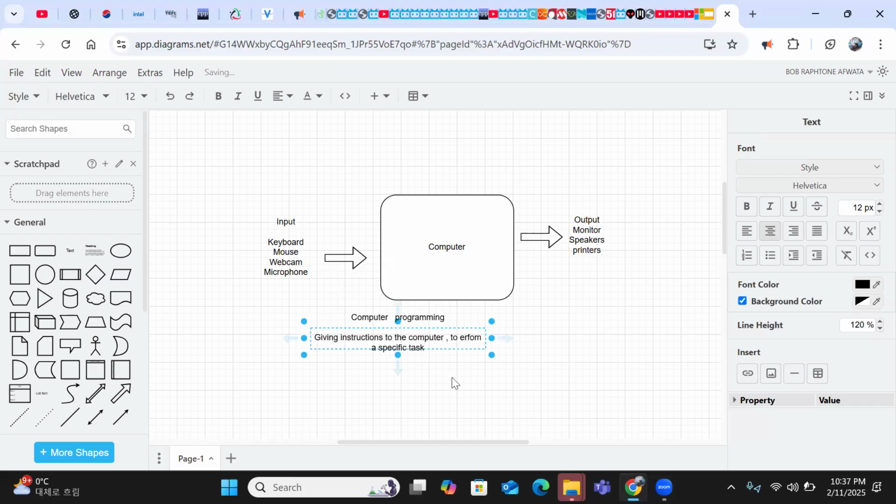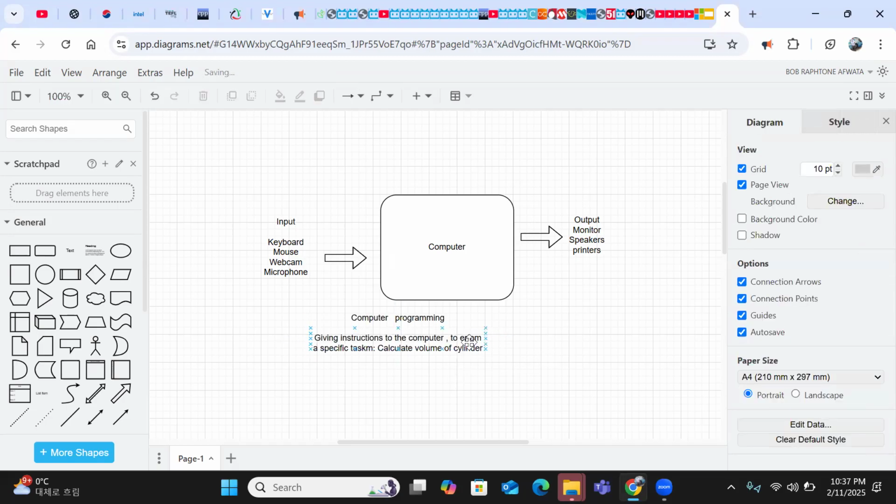For example, we have looked at today, you want to calculate volume. You want to calculate the volume of a cylinder. Maybe you are working for a factory and you want to know the volume of fuel that a machine is using.